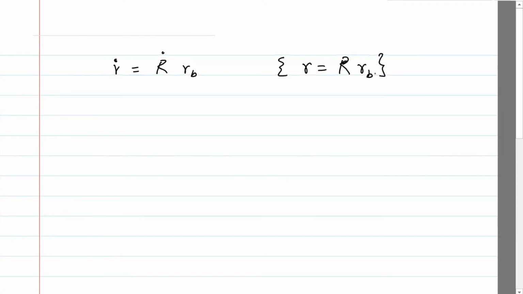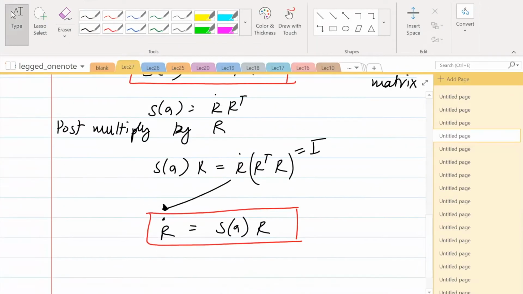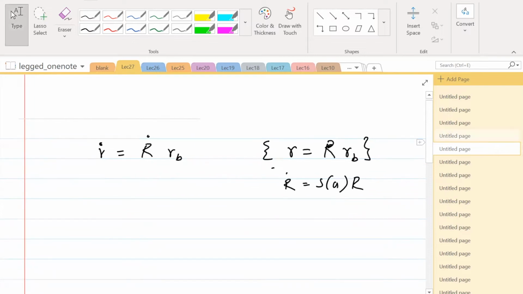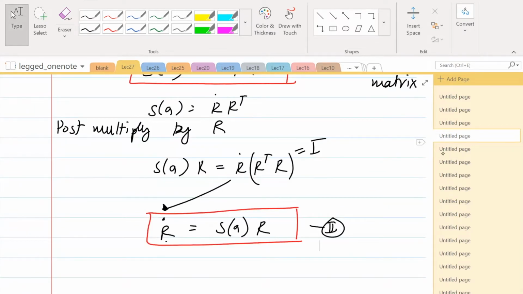Okay, now we have written down a formula for R dot, right? And that is here. R dot is S of A times R. I'm just going to copy it down. So R dot is S of A times R. Is that right? Yeah, it's right.